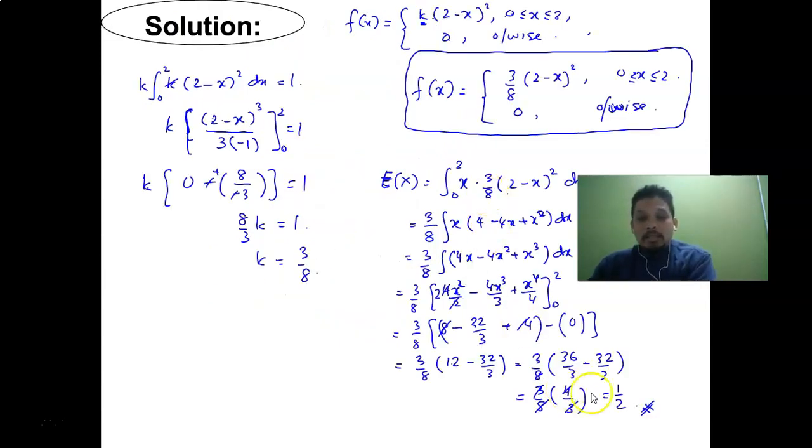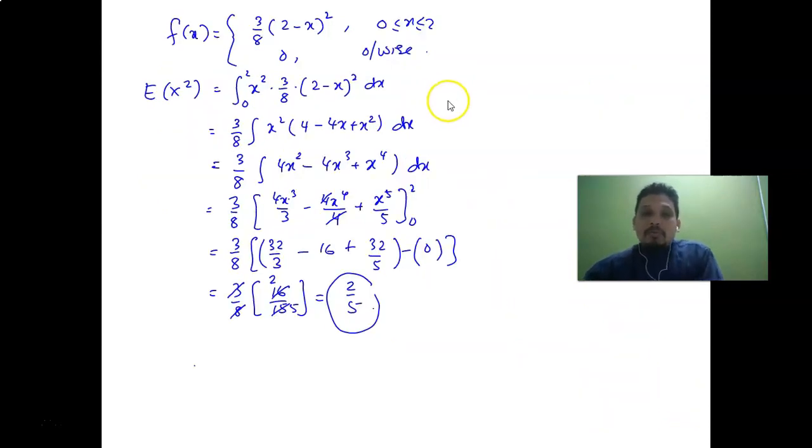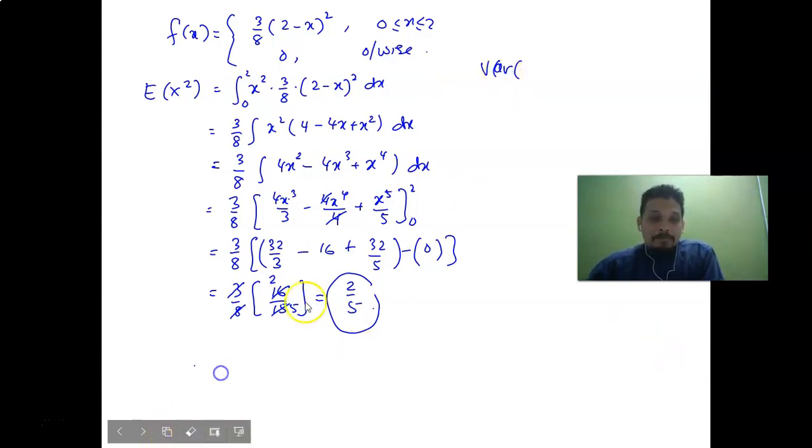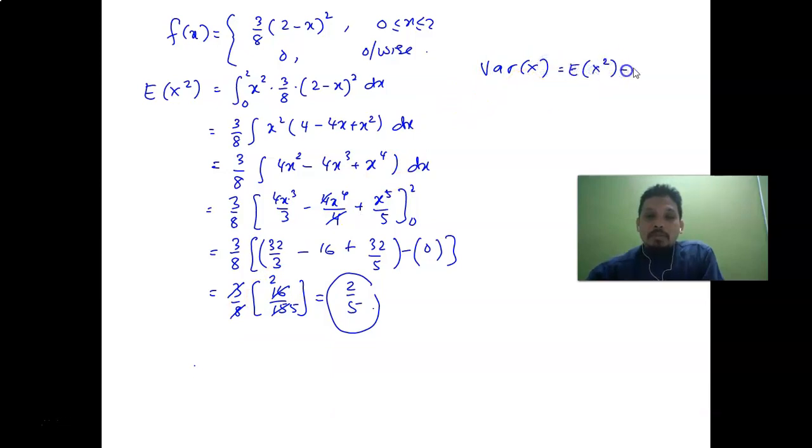and this value is the one that we use to find the variance. So variance of x equal to E(x squared) minus E(x) in brackets squared.